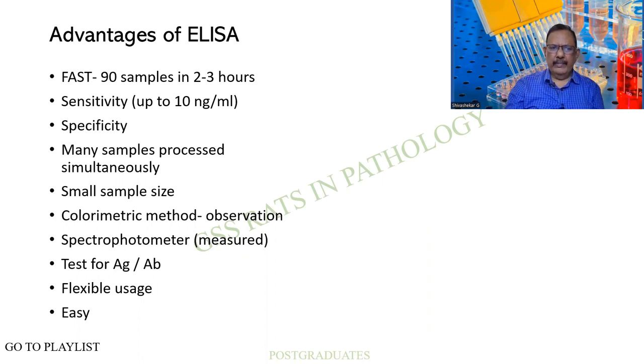Small sample size. It is a colorimetric method, therefore the human component has been removed. A spectrophotometer can be used for measuring the test for antigen and antibody. So there is not much visualization. Human error is minimized. There is flexible usage and it is easy to perform.